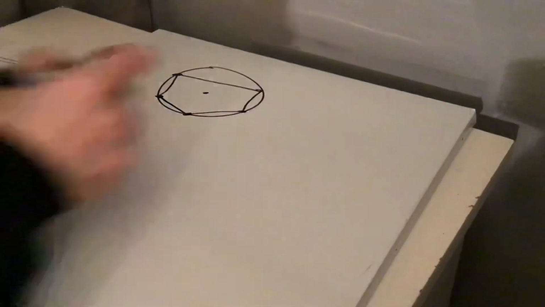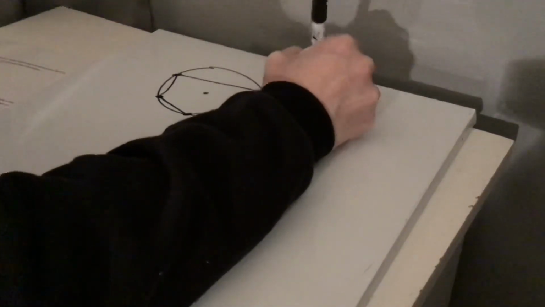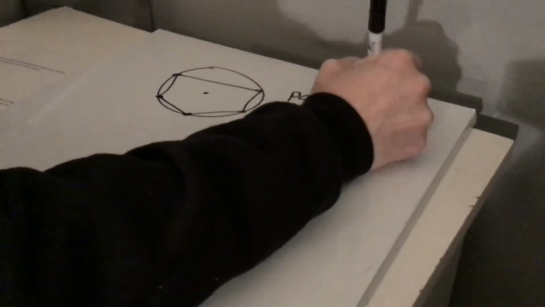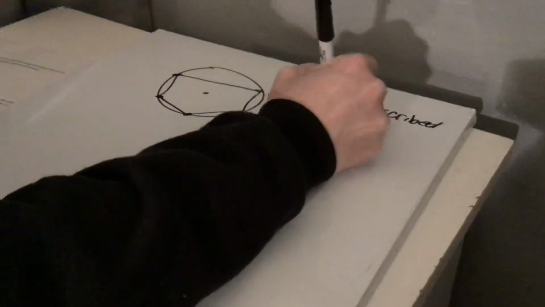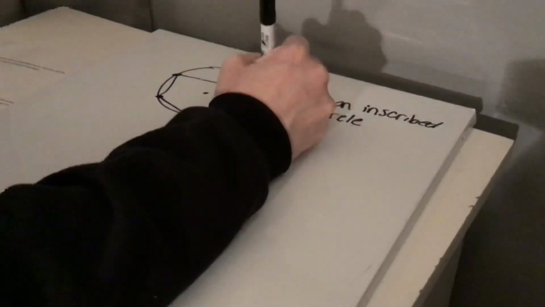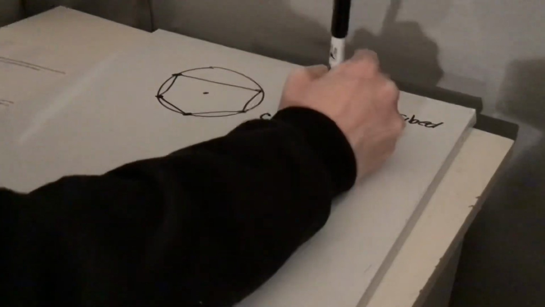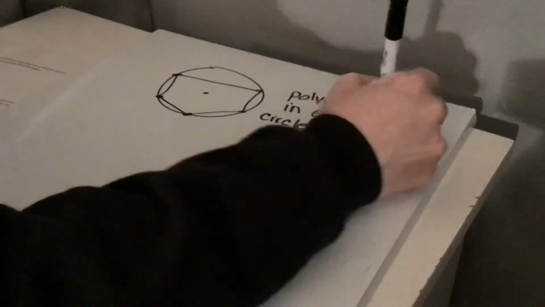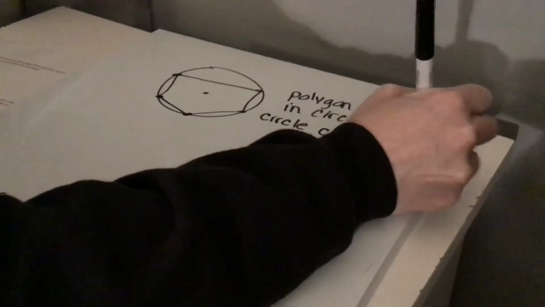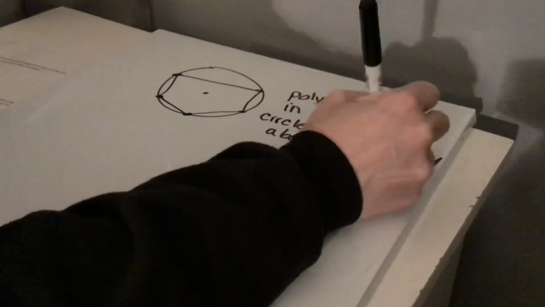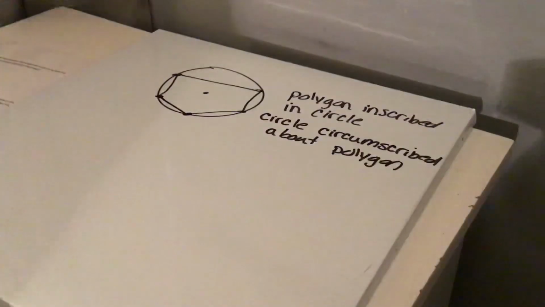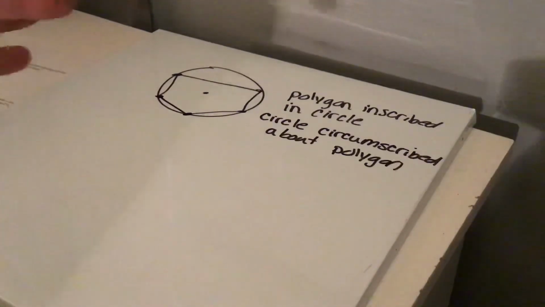Then we say this polygon is inscribed in the circle, and we can say that the circle is circumscribed about the polygon.